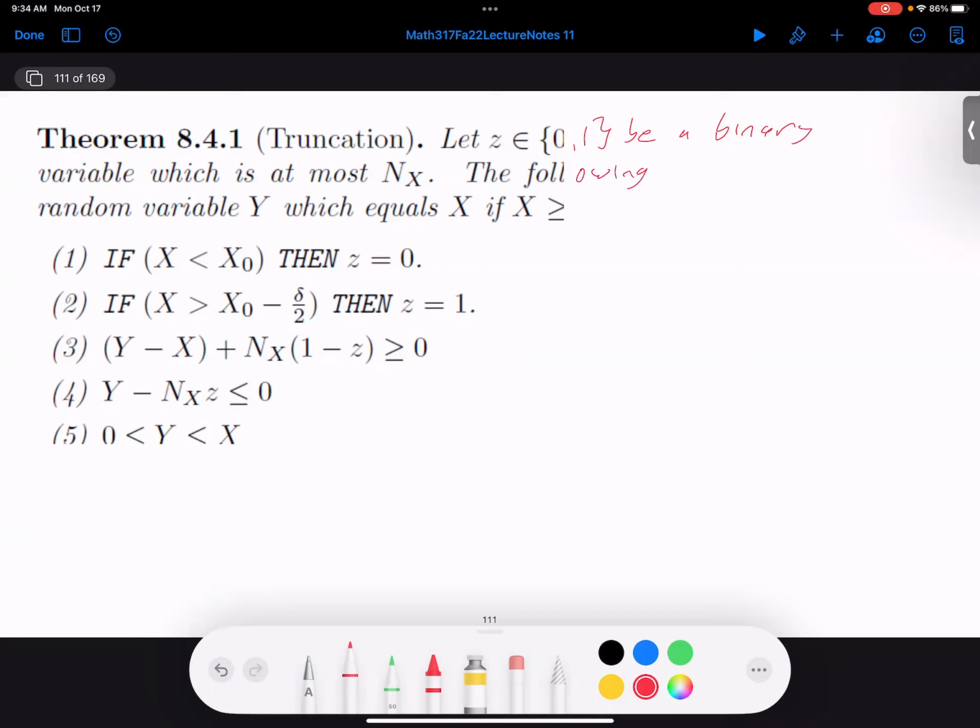Okay, the following expressions on the random variable y, which equals x if x is greater than or equal to... So what do you think we're trying to do? We're trying to truncate.